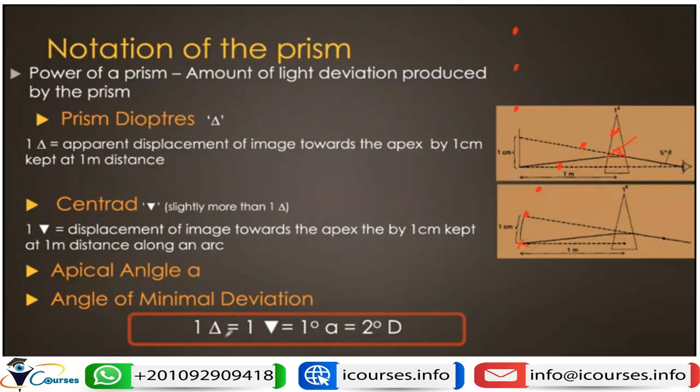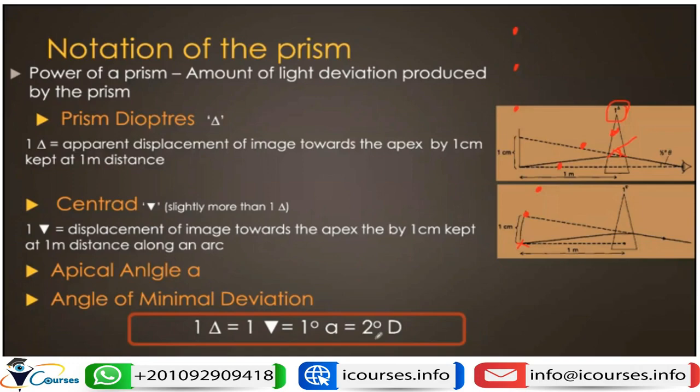But 1 prism diopter equals 1 centrad and equals 1 degree of apical angle, and equals 2 degrees of angle of deviation. As we said, the angle of deviation equals half of the apical angle, or the apical angle equals double the angle of deviation. So 1 degree of apical angle equals 2 degrees of the angle of deviation.